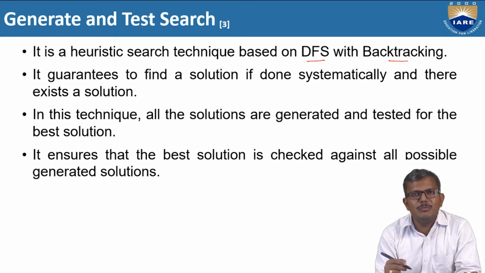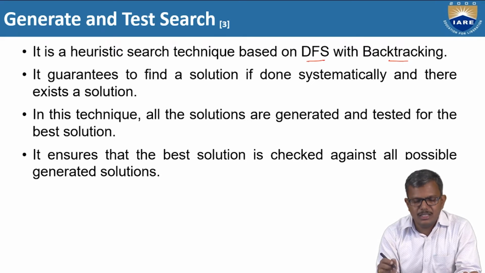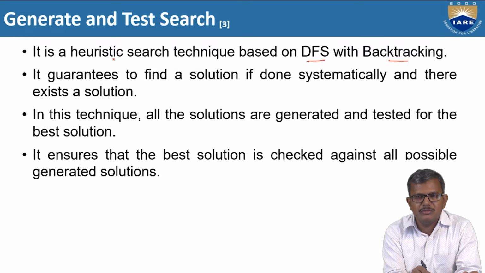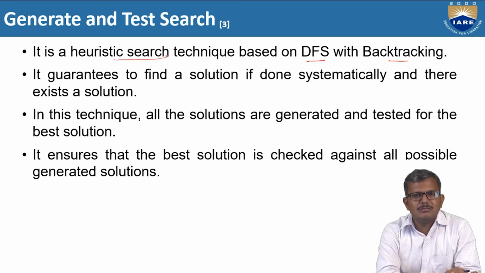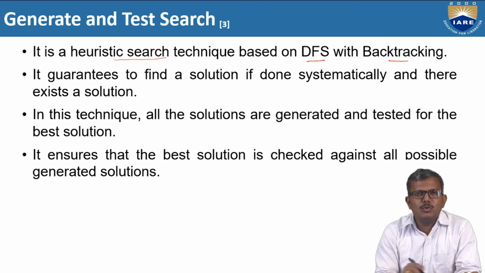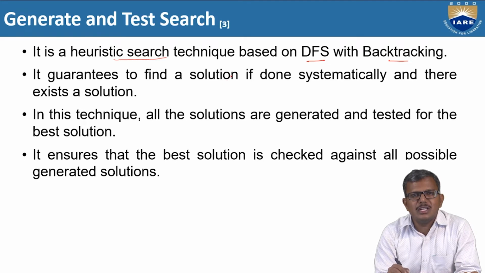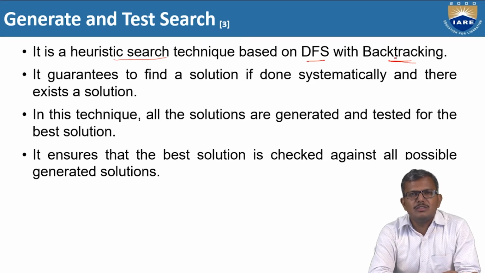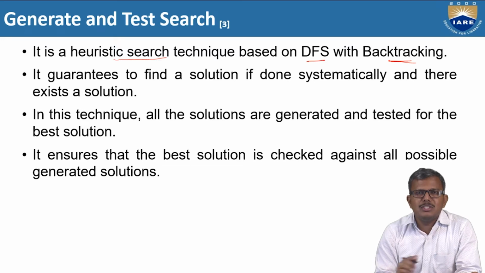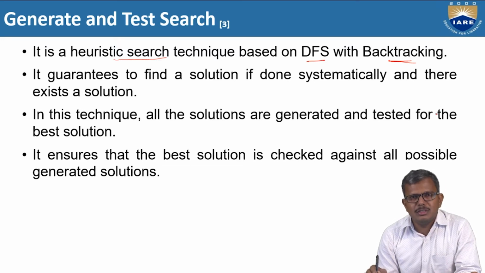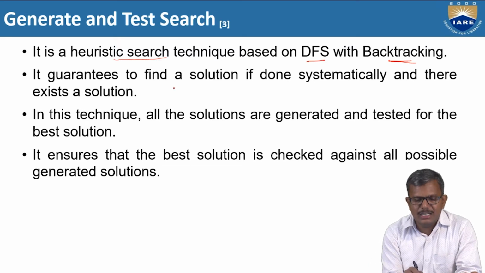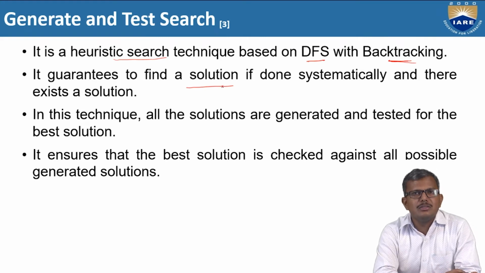But if you want to improve this generate and test technique, you can make use of a heuristic search technique, just adding it to the existing generate and test. In that case you get a chance to do the backtracking. If that is available to us, then we can guarantee that we are going to find a solution.